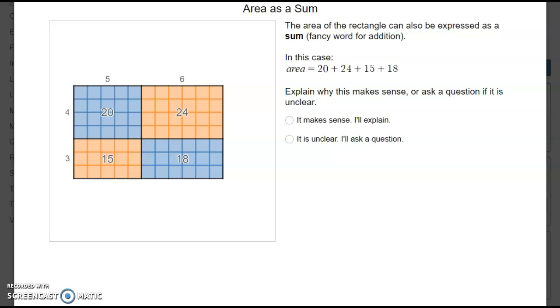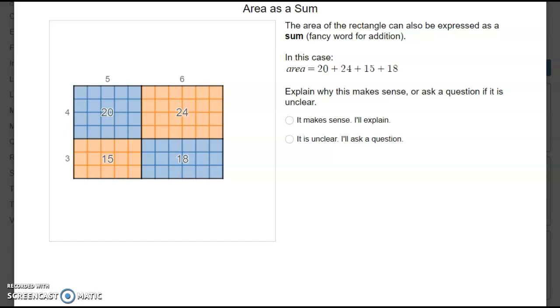In this case, the area is 20 plus 24 plus 15 plus 18. Okay, if I counted these little squares, I would have 24 here, and 18 here, and 15 here, and 20. And if I add them all together, then I would get 77 as well.